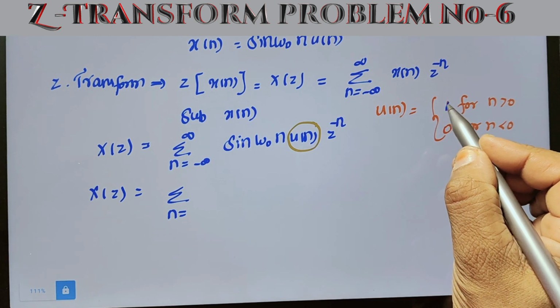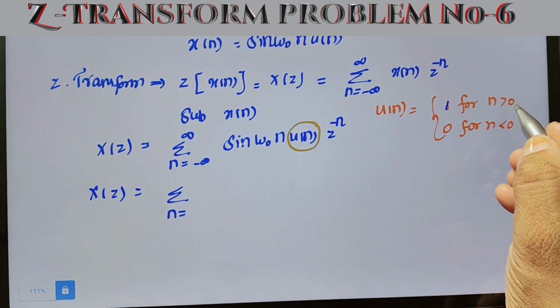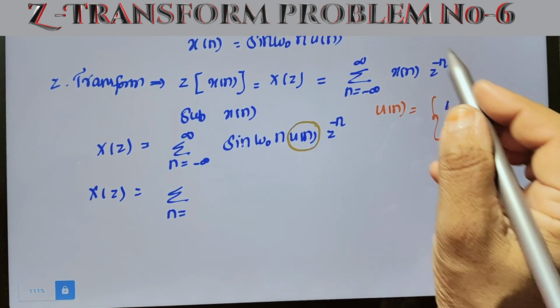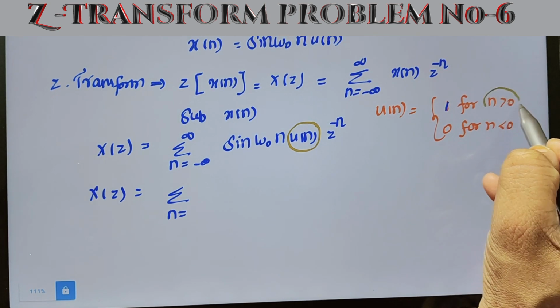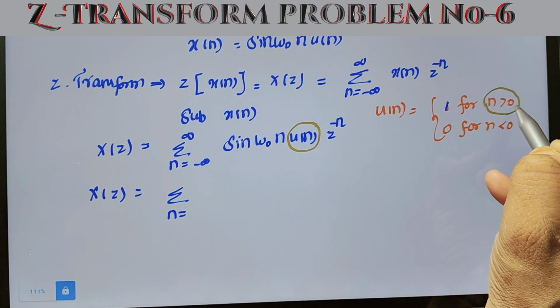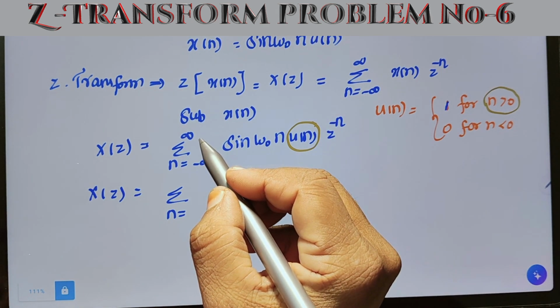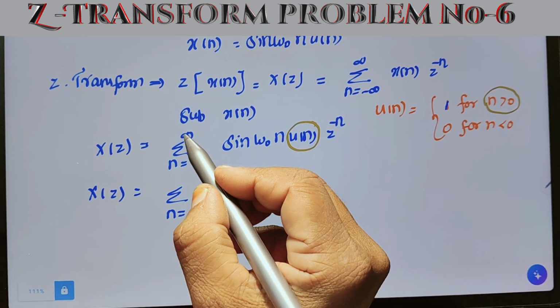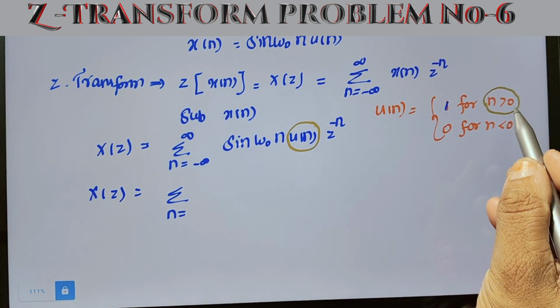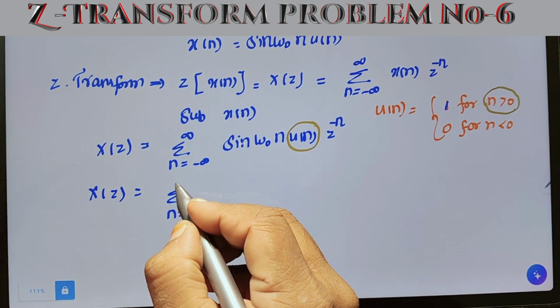The magnitude value is 1 when n is greater than 0, so the lower limit is 0 and the upper limit is infinity, so 0 to infinity.